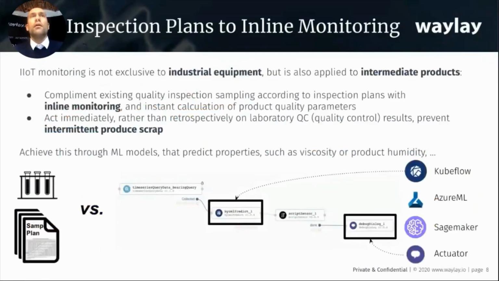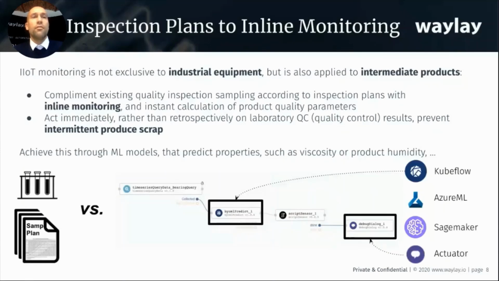Now, with our solution we're not only able to monitor industrial equipment, but we can also monitor the products that are being produced in manufacturing plants, be it the oil and gas industry, chemical industry, you name it. And that's basically how this is typically done. Traditionally, you have very extensive sampling plans.